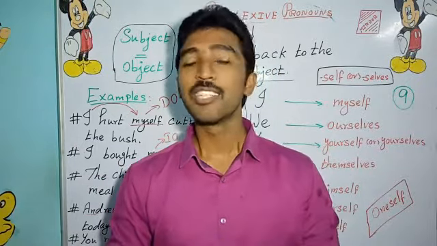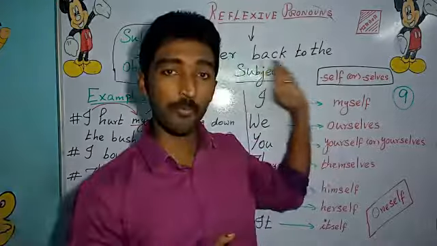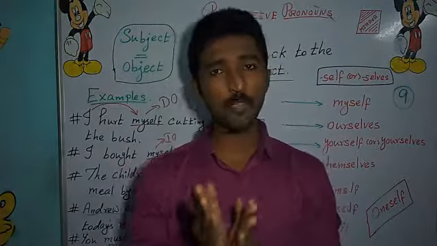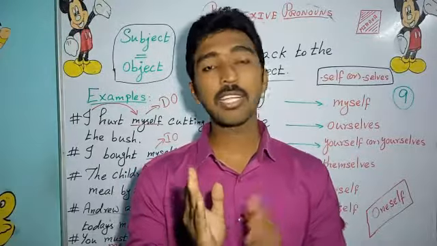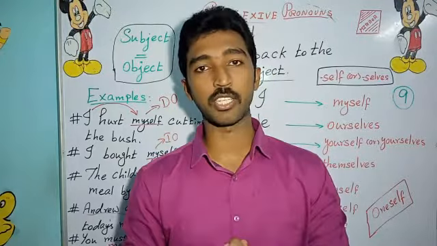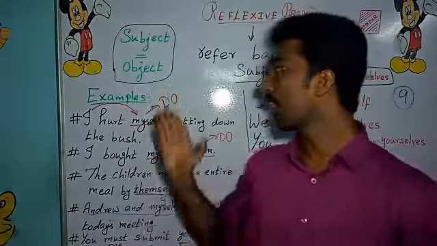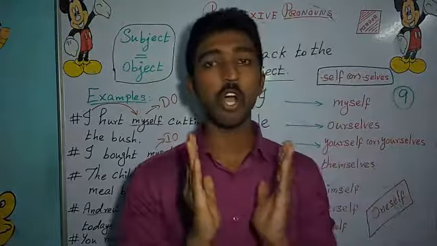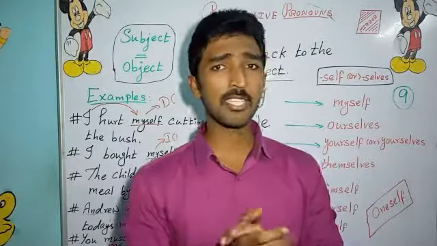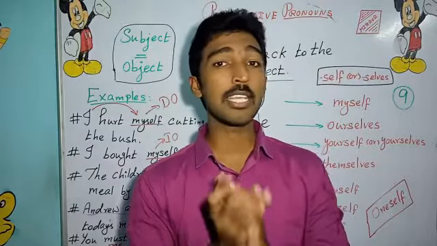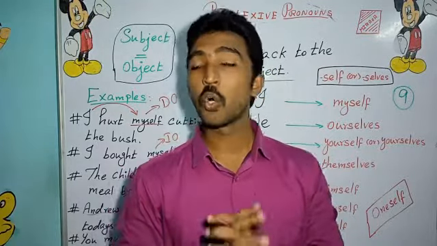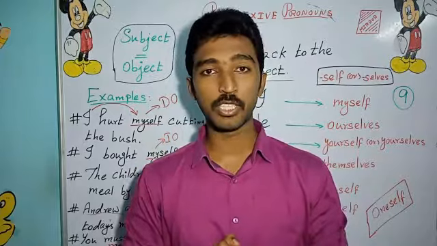In today's class, we have discussed the reflexive pronoun. A reflexive pronoun is a word that refers back to the subject. We use a reflexive pronoun when the subject and the object of the sentence are the same. The reflexive pronoun can come as either a direct object or an indirect object.